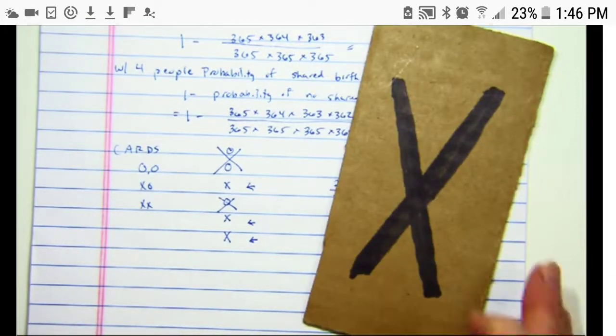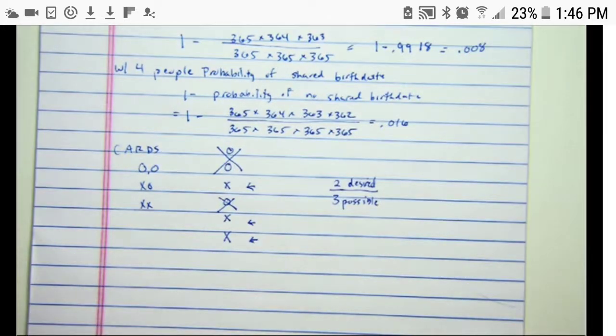So there was a 2/3 probability that there was an X on the other side because there were three possible outcomes that showed the X, and of those, two would show an X on the other side when you flipped it. So that was a tricky one. We talked in class about why you could have chosen 1/2 or 1/3 and made a good argument for that, but it turns out with this one it's 2/3.